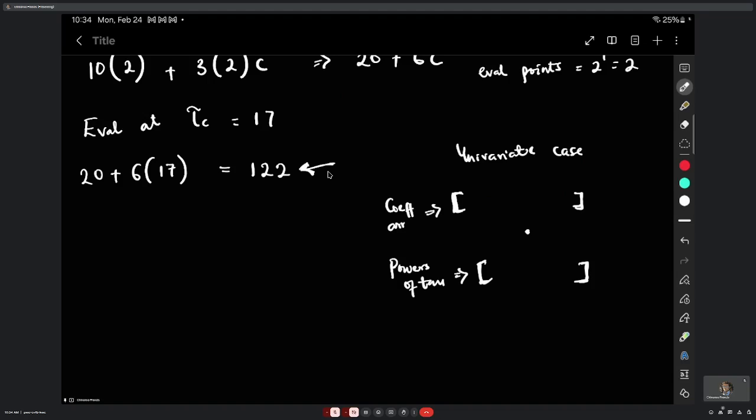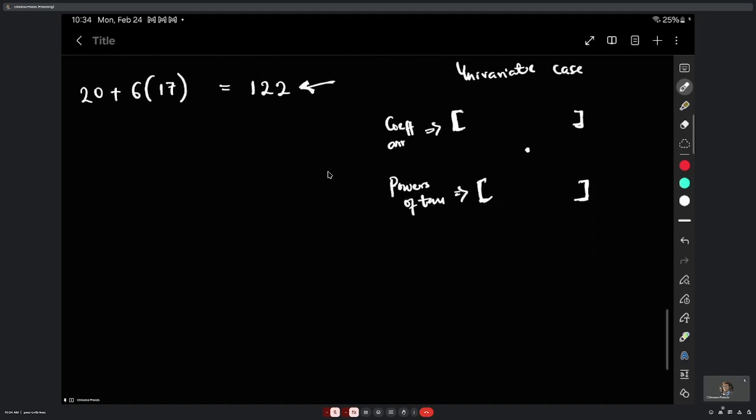But in the multilinear case, this array is not actually the coefficients, right? It's the evaluations of the polynomial over the Boolean hypercube, right?